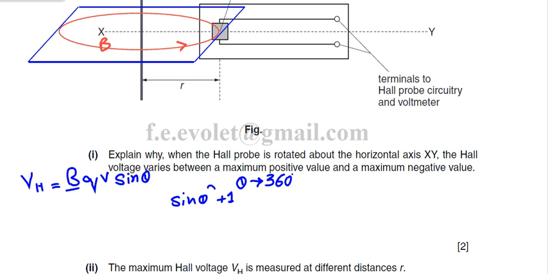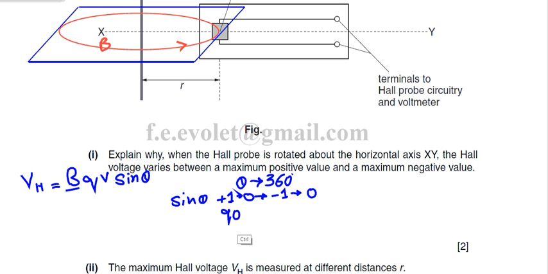Actually it starts from 0, then goes to +1, but in this case we're starting from +1. Then when it is in the same horizontal plane, it goes to 0, and then it goes to -1, and then again 0. Right now it's at 90 degrees.